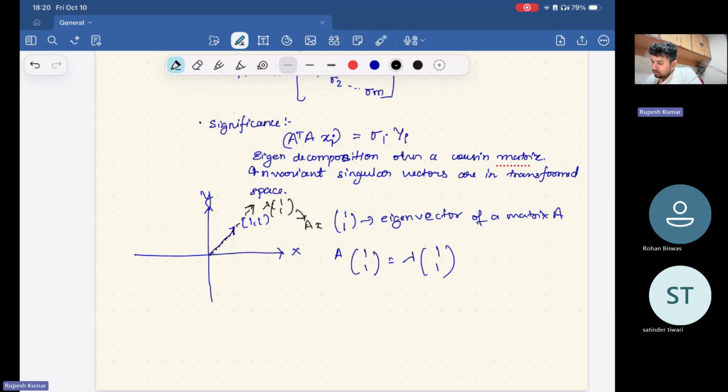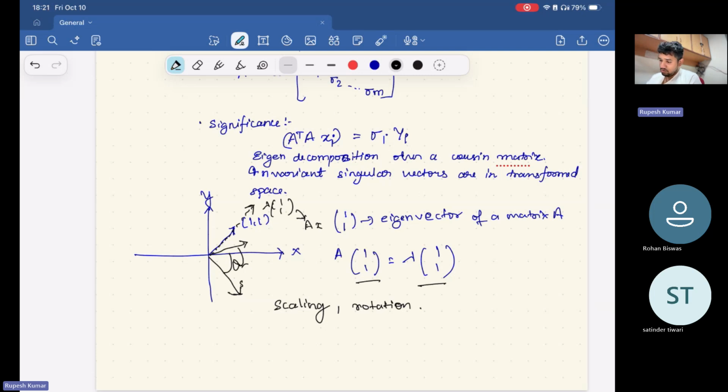Now, let's say if (1, 1) was not an eigenvector, then what you could have observed are the basic linear operations, basically scaling and rotation of the vector. If I had chosen this vector, it would have mapped to some other vector, rotated by some amount and scaled by some amount s.